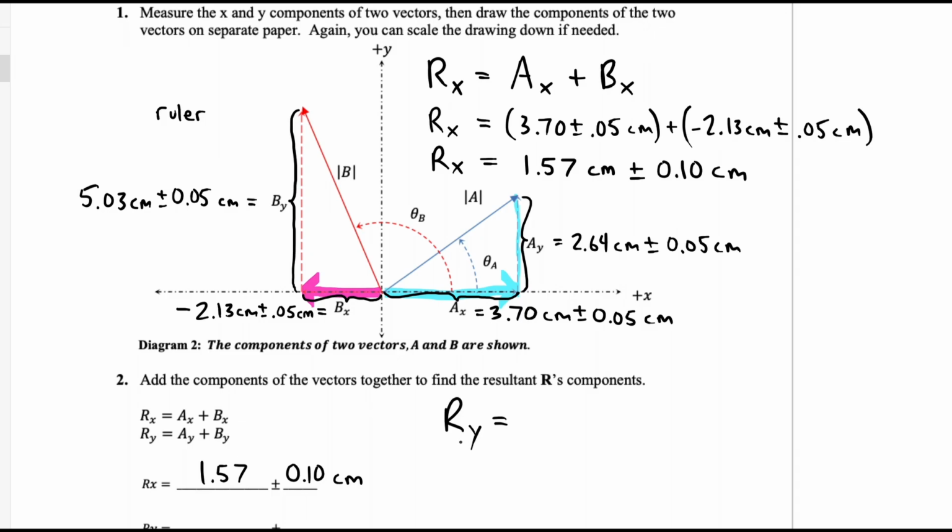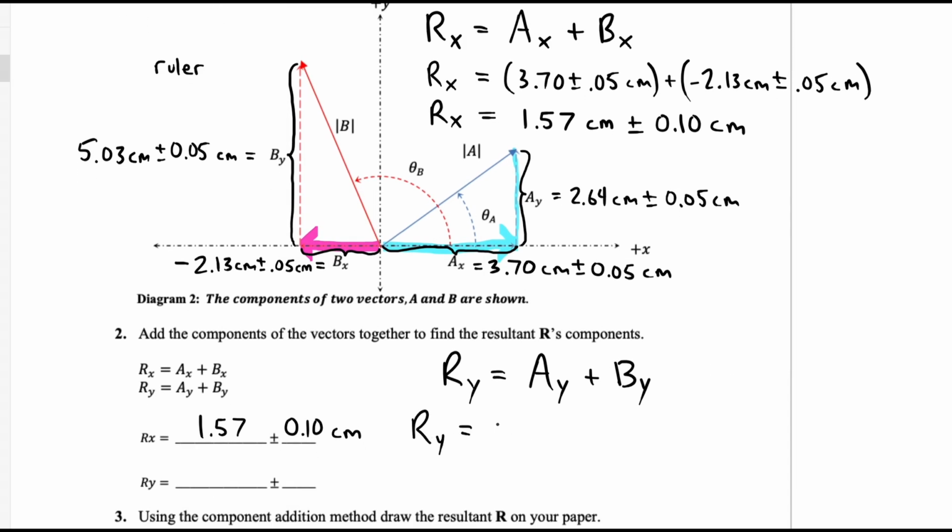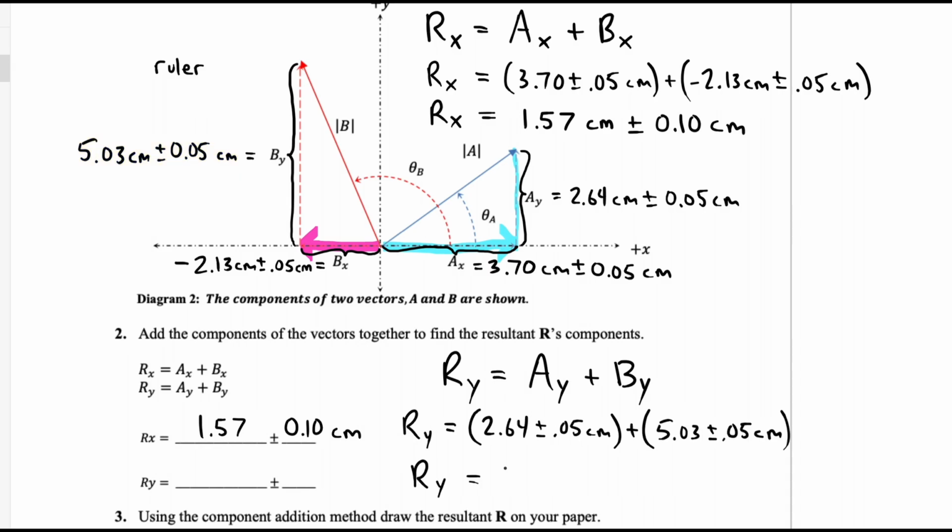It should be that we can find the Y component of the resultant now by adding AY plus BY, which are the Y components of A and B. So AY was 2.64 plus or minus 0.05, and BY was 5.03 plus or minus 0.05. I get 7.67, and we'll do plus or minus 0.10.